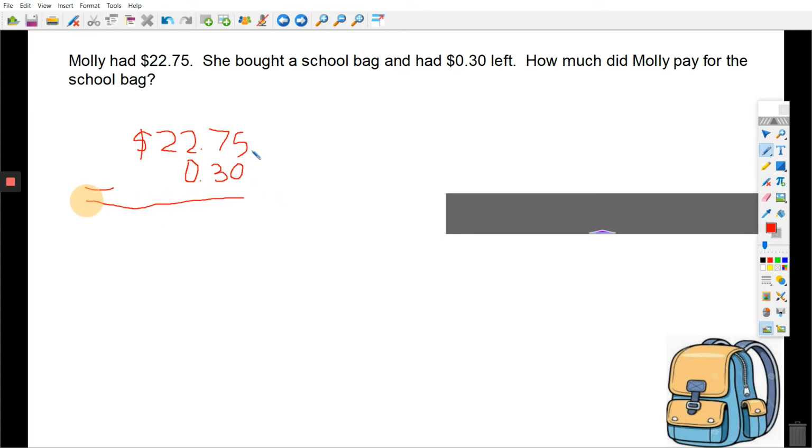Remember that. 5 minus 0 is 5. 7 minus 3 equals 4. Bring down the decimal point. 2 minus 0 is 2. And since we don't have any digit under that 2, we just bring it down with the dollar sign. That means that the school bag cost $22.45.